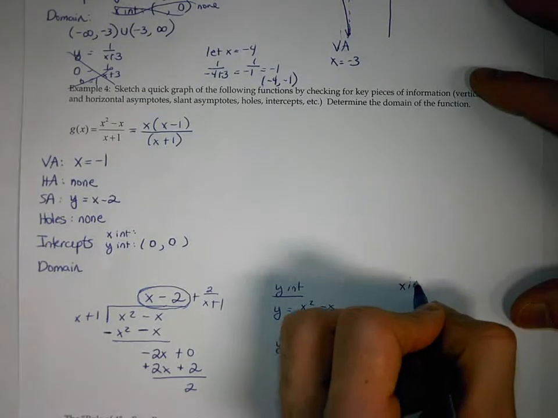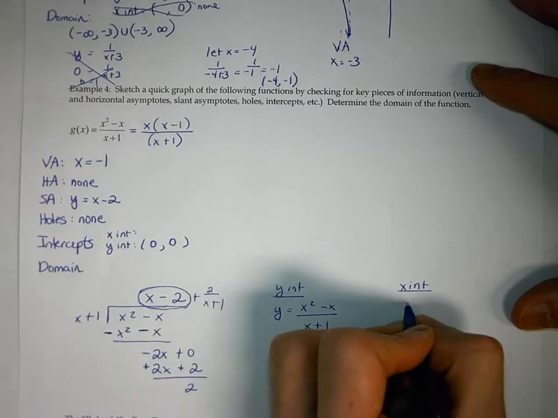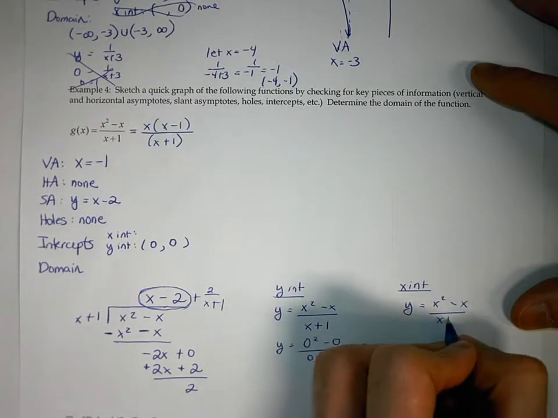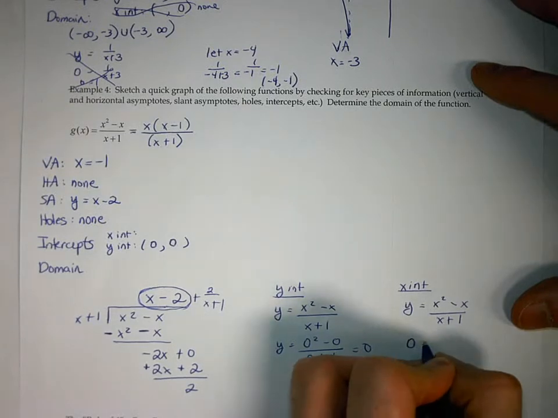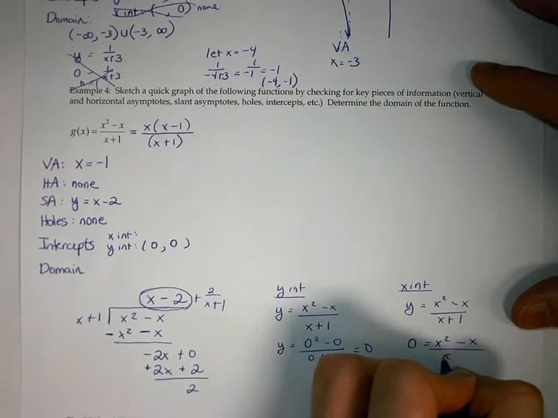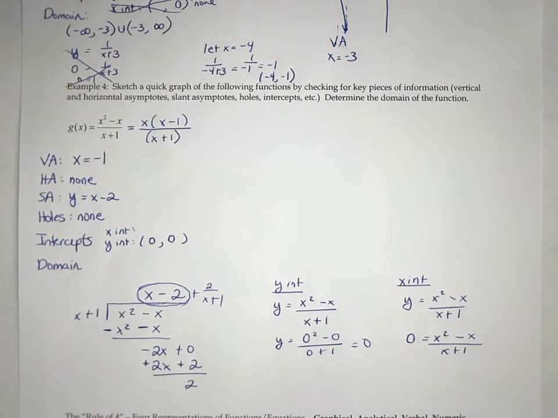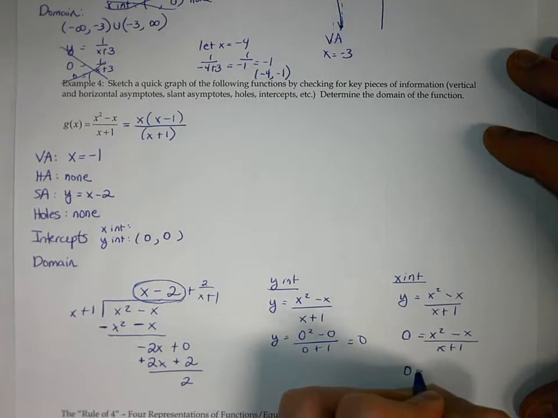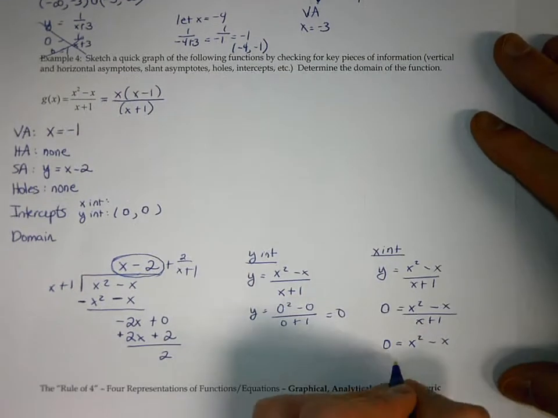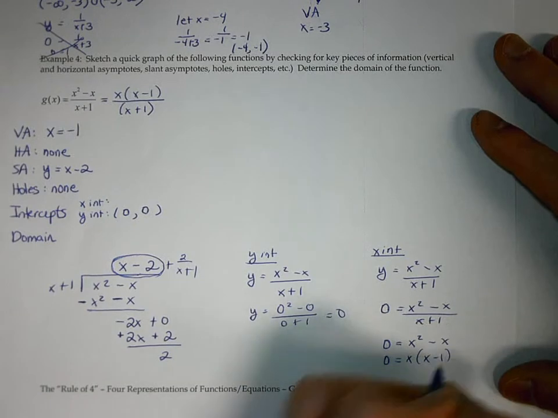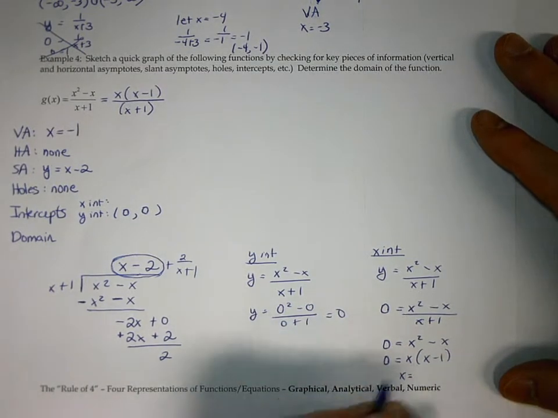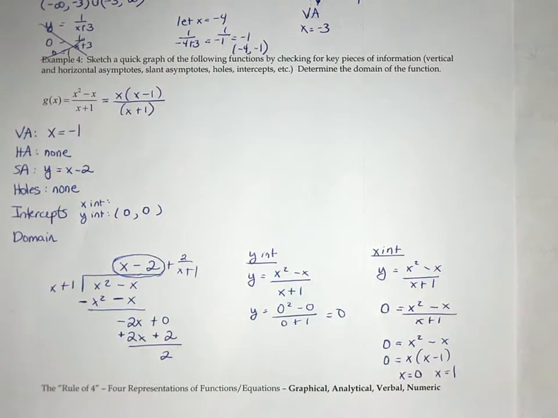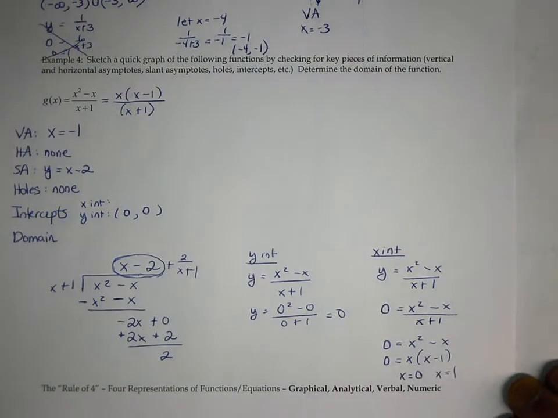So my y-intercept is going to be 0, 0. The x-intercepts occur when we set the y piece equal to 0. So I'm going to take that same equation, x squared minus x over x plus 1, and set y equal to 0. If I solve that out, cross multiply, this x plus 1 times 0 is just 0. So I get 0 equals x squared minus x. Factor out the x. If I solve this, I get x is equal to 0 for the first piece, and then x is equal to 1 for the piece inside the parentheses.